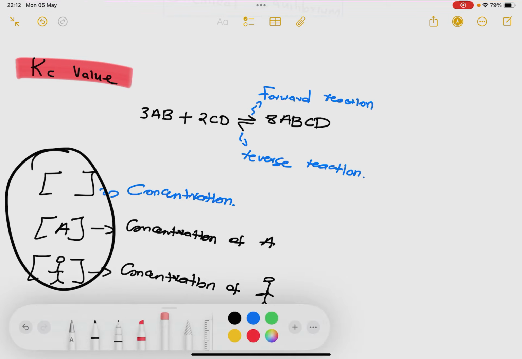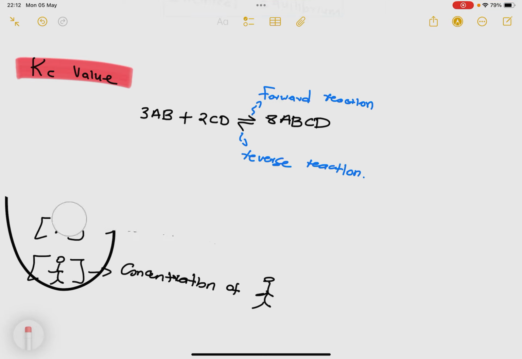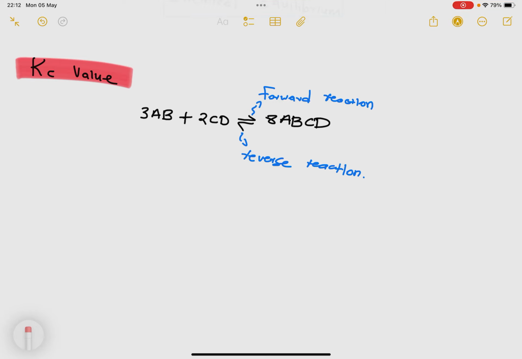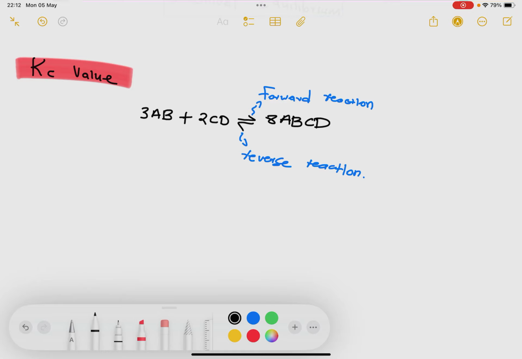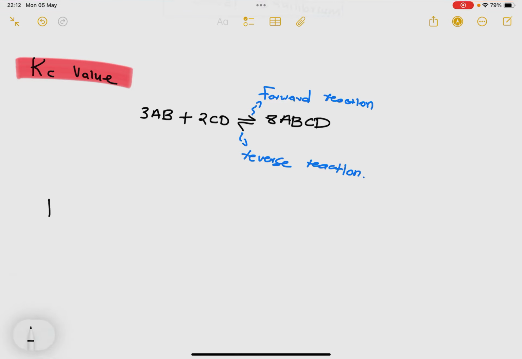So how do you write the Kc formula, right? The Kc formula says that Kc equals the concentration of the products, to the power of their coefficient, divided by the concentration of the reactants to the power of the coefficient of those reactants, right?